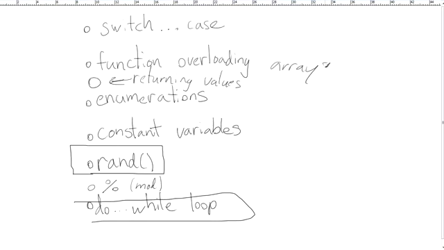And arrays will unlock a lot of potential for us. We'll be able to do a lot of crazy stuff once we get arrays. And we're going to be doing structures. I messed that up somehow, but yeah, arrays, structures.